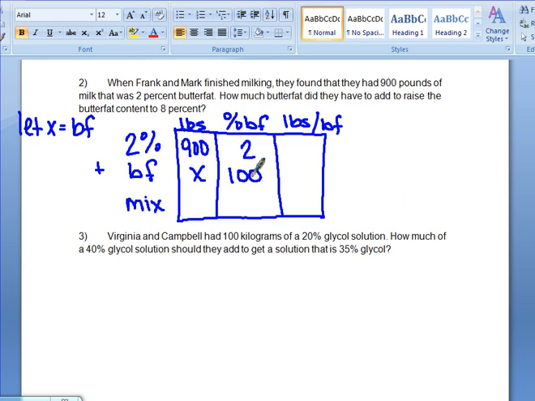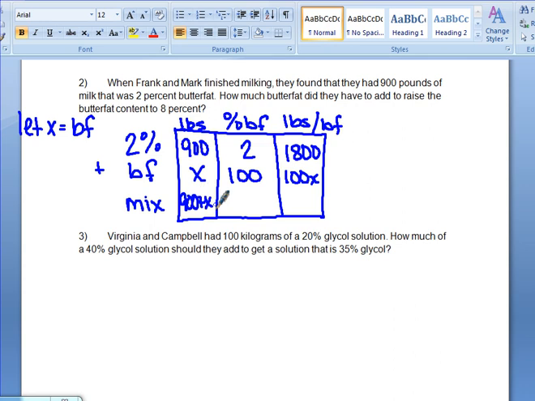Now, we just need to complete the rest of our chart. If I have 900 pounds of 2% butterfat, I multiply across to get 18 pounds of butterfat. Then I have x times 100, which gives me 100x. Now, we are adding pounds of butterfat to our already 900 pounds, so down here we're going to have 900 plus x.